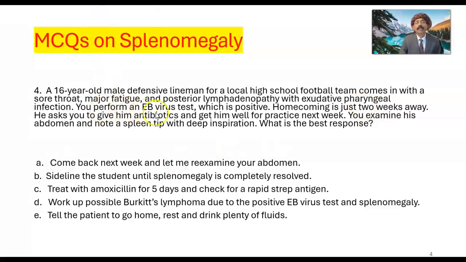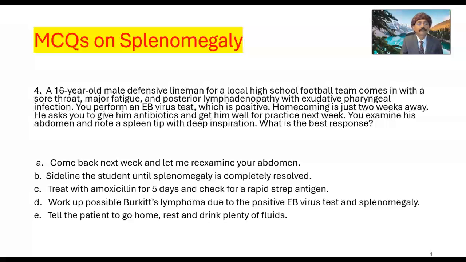You perform an EB virus test which is positive. Homecoming is just 2 weeks away. He asks you to give him antibiotics and get him well for practice next week. You examine his abdomen and note his spleen tip with deep inspiration. What is the best response?